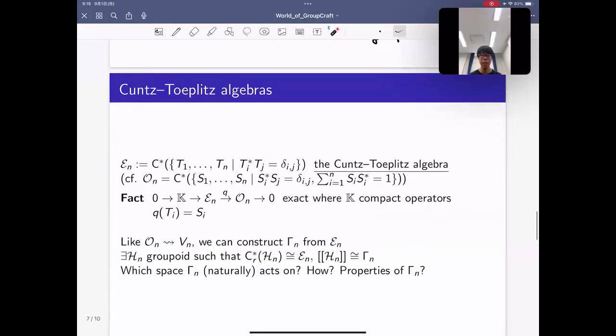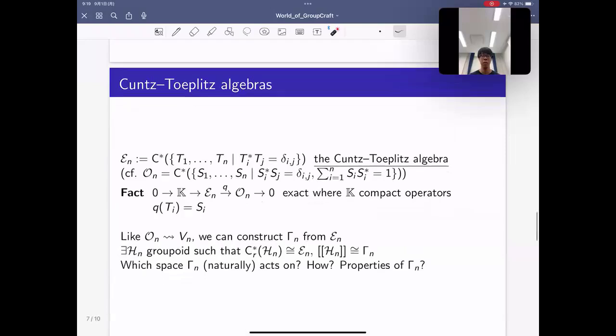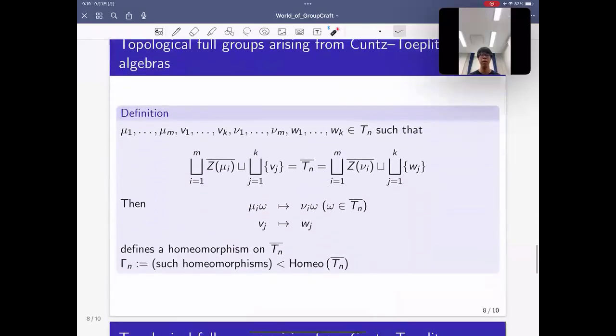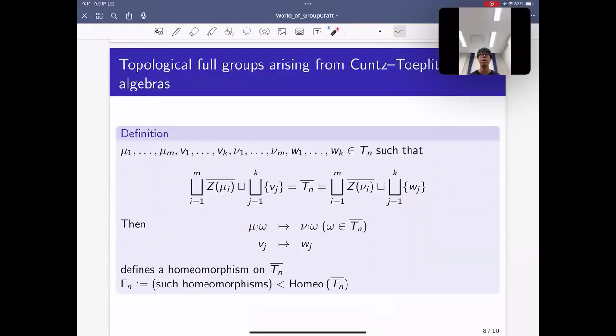So this is some conceptual definition for you. Let us give you a concrete definition of the new group.